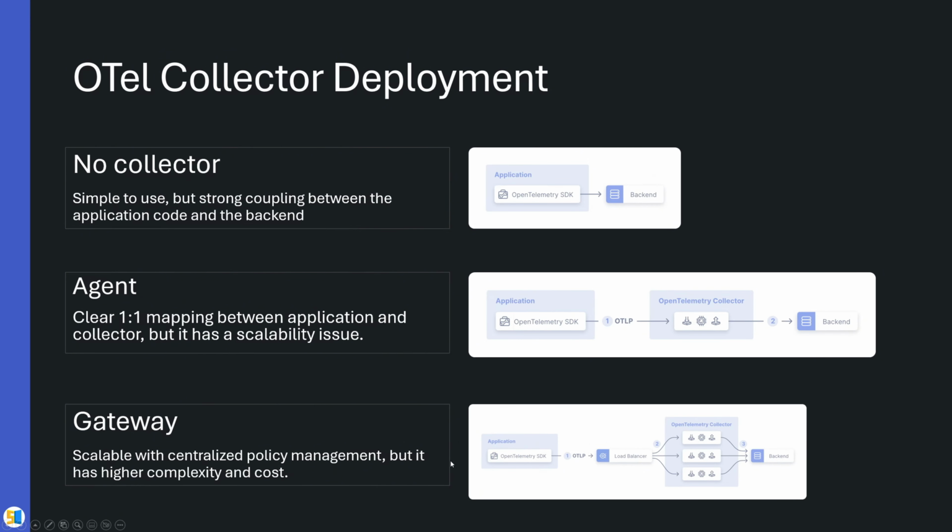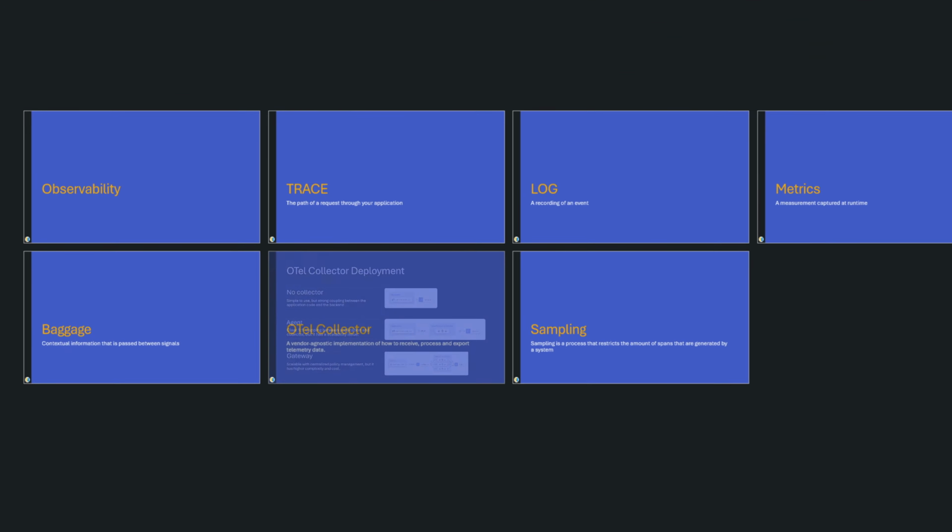So this is very scalable. You will have centralized policy management, but it has higher complexity and cost compared with the other two deployment techniques. So these are the choices available for you.